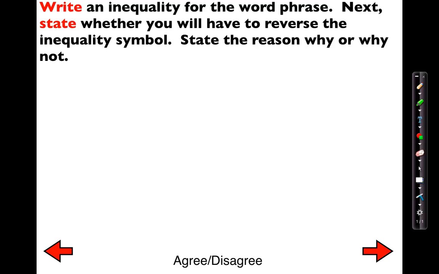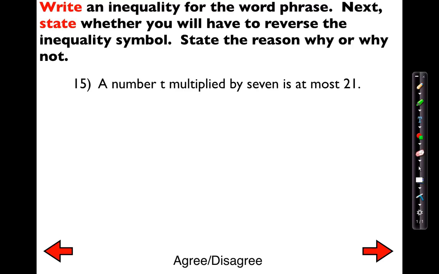Okay, so for this particular problem, it does ask me to write an inequality for the word phrase. Next, state whether you will have to reverse the inequality symbol, and why or why not. So they're not asking me to solve, they're just asking me to write the inequality and to answer the question, will I have to reverse the inequality symbol? If so, why or why not?